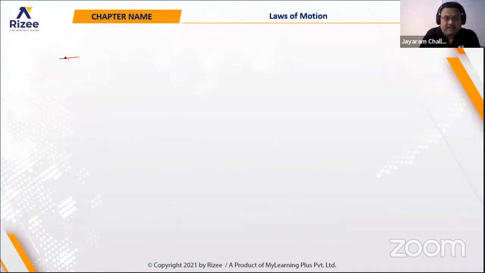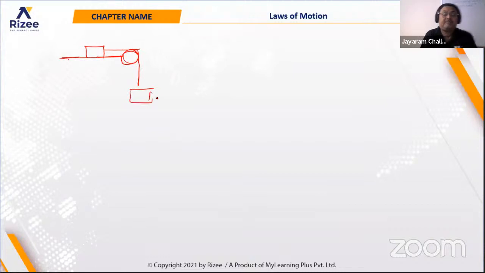For example, for another pulley constraint, a block is on the table and the string runs over a pulley like this. On the other side, there is another block hanging here. Let this be block A and this be block B. For this type of system, acceleration can be directly obtained as a equal to the net external force by the total mass.